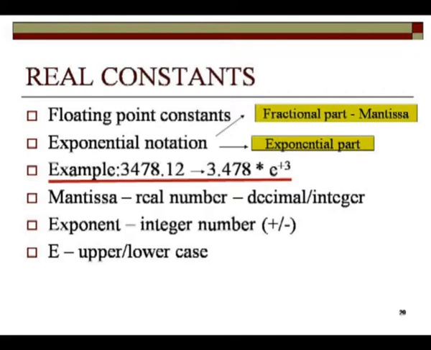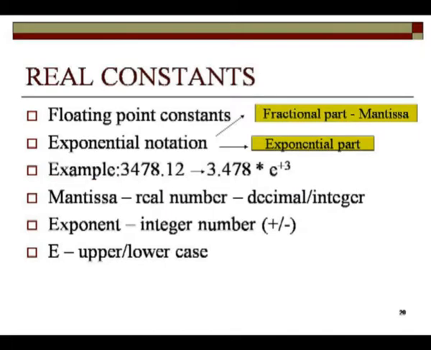So the mantissa should be a real number. It can either be a decimal or it can be an integer. The exponent has to be an integer. You cannot have a decimal number in this part. It has to be a whole number. And that e can be written either in uppercase or in lowercase.